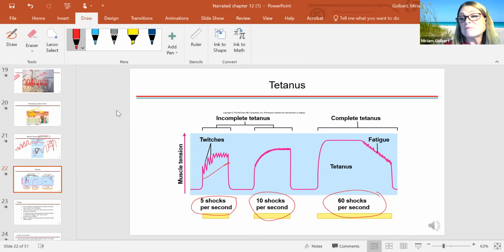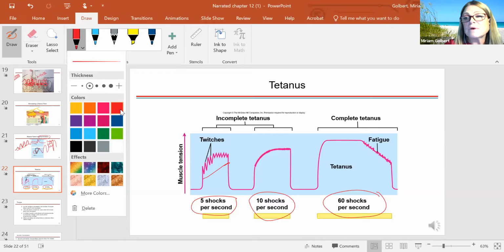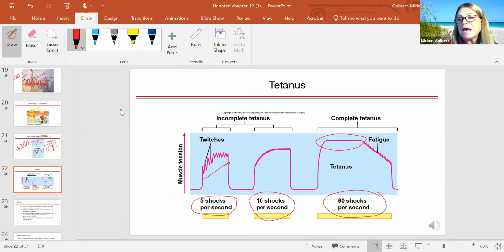And then if you give a lot of stimulation, you just get to complete tetanus. This is not good, right? Because if that happens and you continue the stimulation, you see how the muscle starts to decline, and that's when you get fatigue.